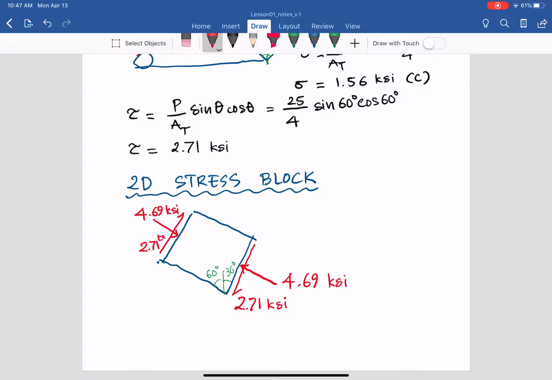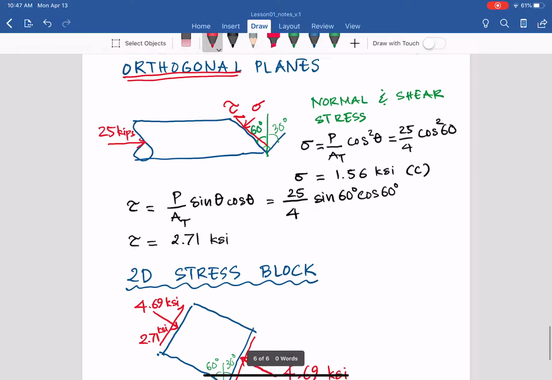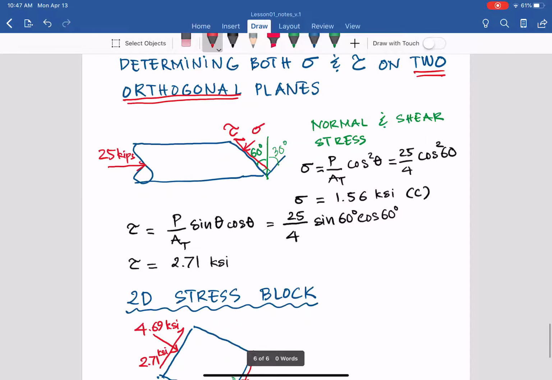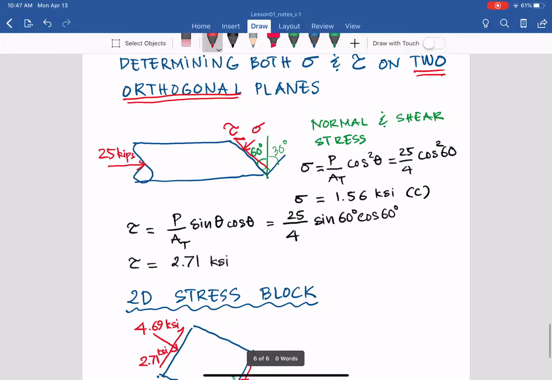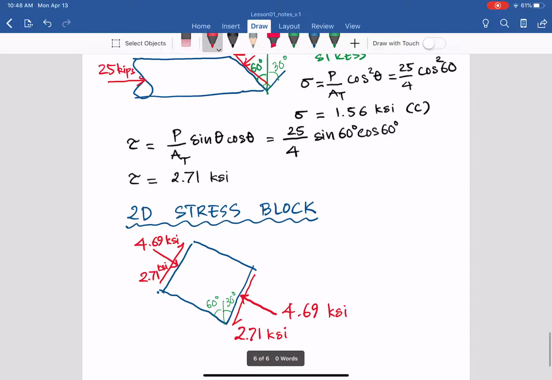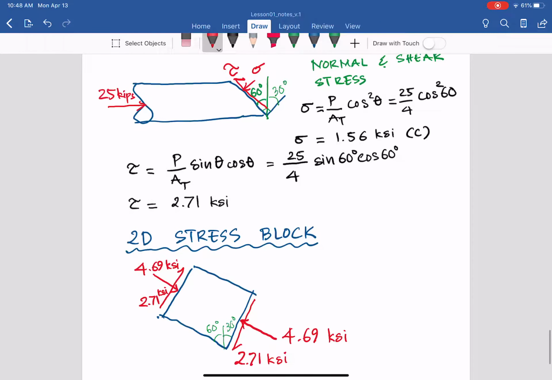And on the plane at 60 degrees counterclockwise from the transverse, we also have the normal force in compression, 1.56 ksi, and tau is 2.71 ksi.